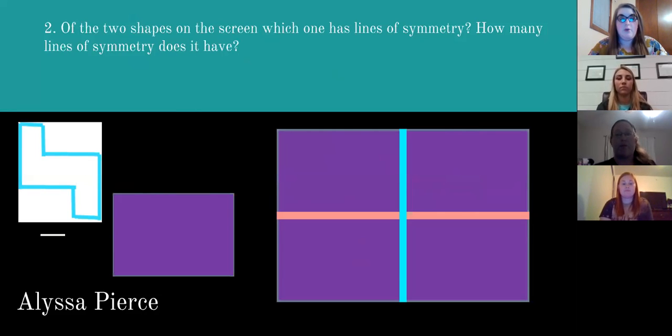So obviously, if we were to fold this Tetris shape in half, vertically or horizontally, it would not meet perfectly. It would overlap and gap in certain areas. But if we look at the rectangle, we can see that there's 2 clear lines of symmetry, one vertically and one horizontally. So the rectangle has 2 lines of symmetry.